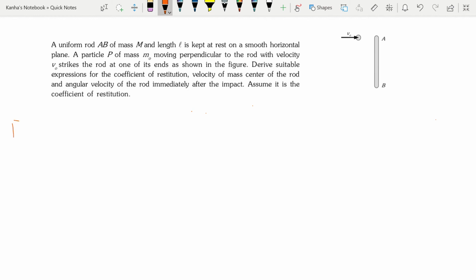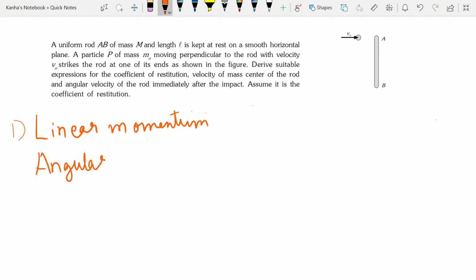Your linear momentum and your angular momentum, these two will be conserved in the problem, and they will be conserved about any axis which is normal to the plane in which these two bodies are.